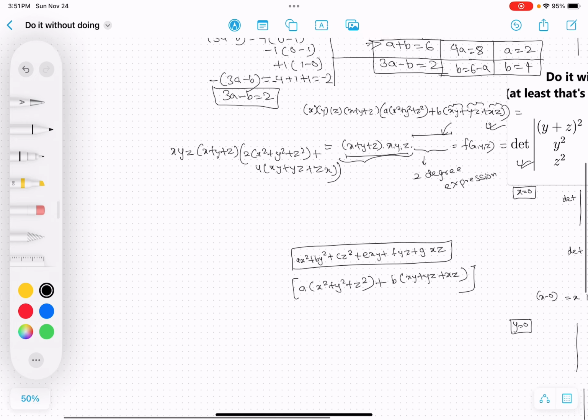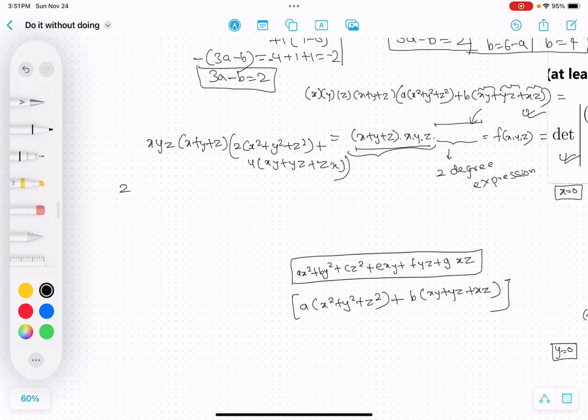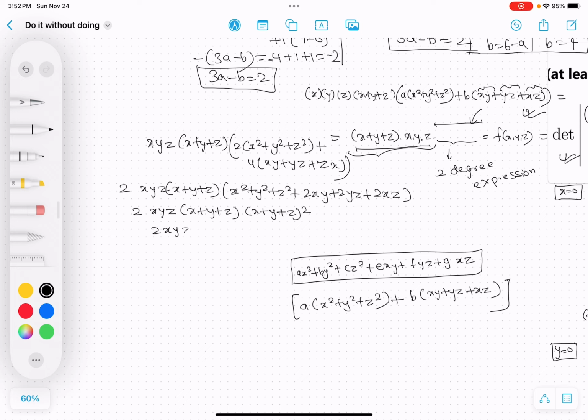Okay, now I can take the 2 common, so this will be 2 times xyz x plus y plus z plus x square plus y square plus z square plus 2xy plus 2yz plus 2xz. Now you guys might not know that this is just the square of x plus y plus z. So this is 2 times xyz x plus y plus z times x plus y plus z square. So this is 2xyz x plus y plus z cube. And that's our final answer.